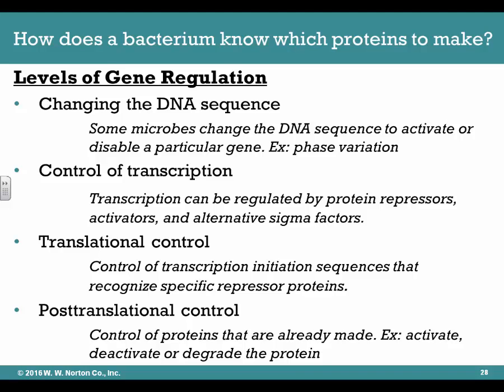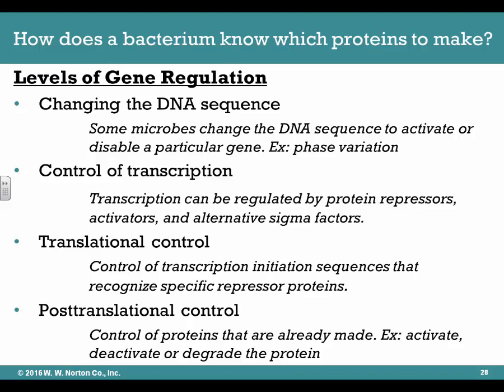But they can also, as I mentioned, control the ability of RNA polymerase to carry out that first step of transcription. So maybe there are repressors or activators that influence the ability of RNA polymerase to recognize that promoter site and bind there, or to move beyond that promoter site to the actual gene.